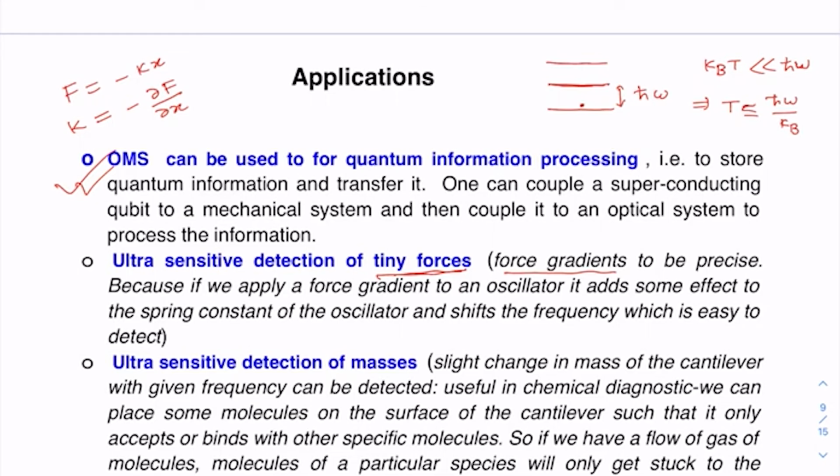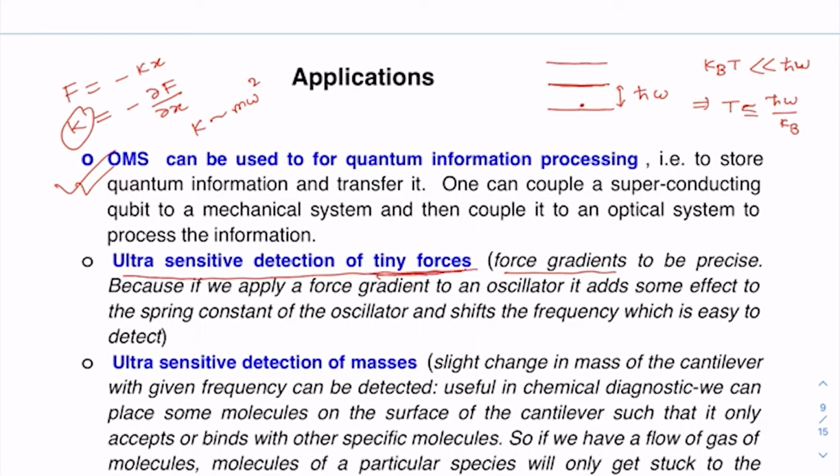And if we apply a force gradient to the mechanical oscillator, it adds some effect to the spring constant of the oscillator, and because the spring constant is associated with the frequency of the oscillator, it shifts the frequency, and this shift is very easy to measure. So that's how we can make ultra sensitive detection of very tiny forces.